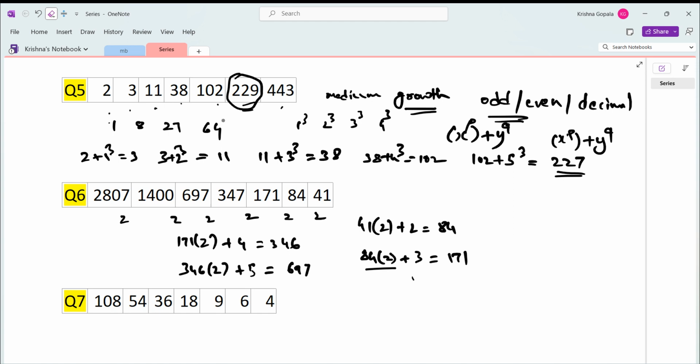You can see into 2 plus 1, into 2 plus 2, into 2 plus 3, into 2 plus 4, into 2 plus 5.